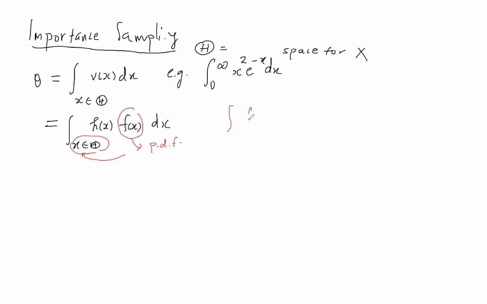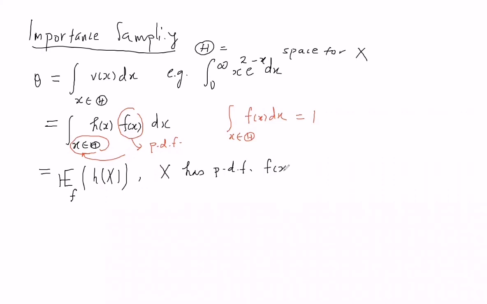That means the integral of f(x) dx over the sample space is 1. So we can write it as the expectation of h(X), where X has probability density function f(x).